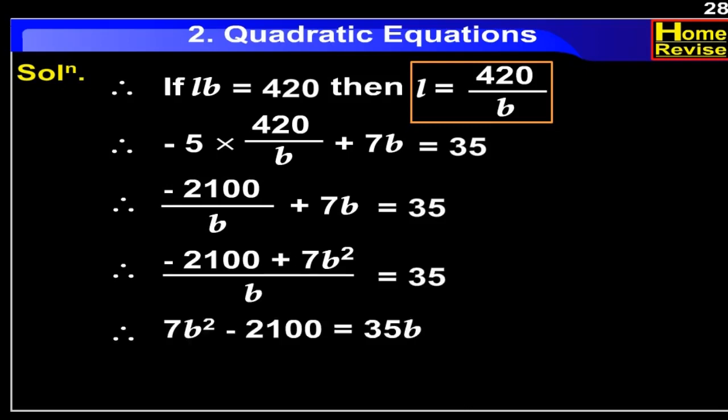Therefore, 7B square minus 2100 is equal to 35B. Therefore, 7B square minus 35B minus 2100 is equal to 0.